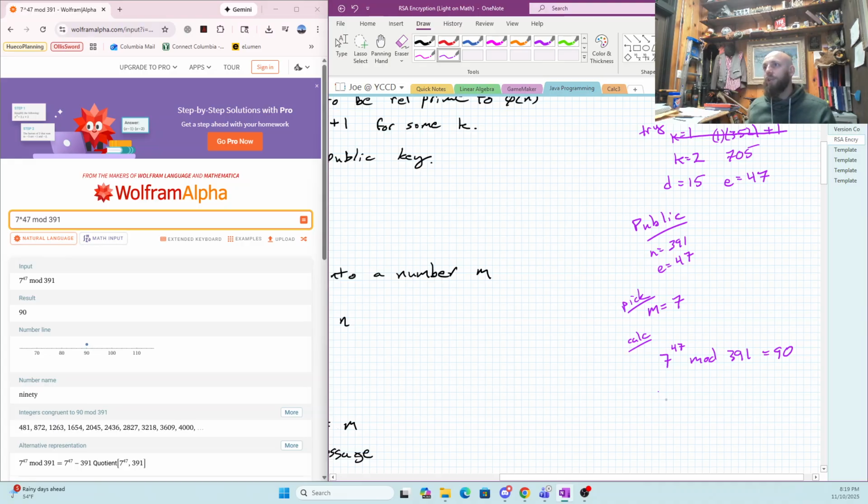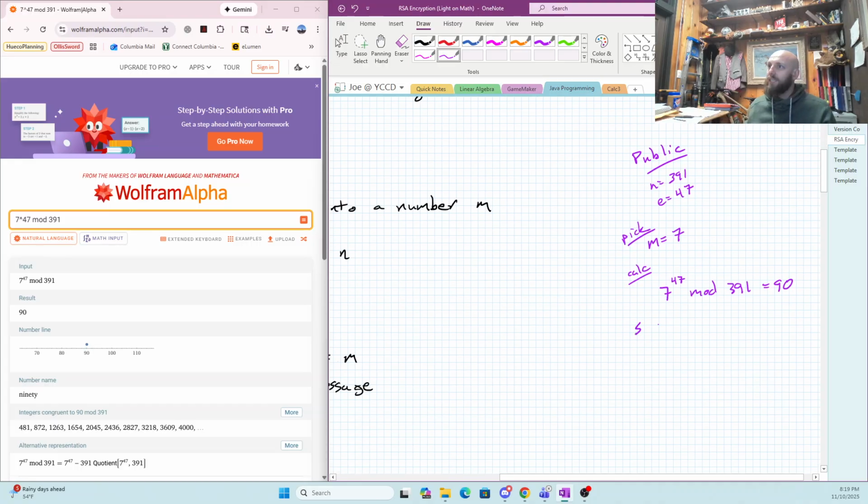And then if I want to decrypt my message, we're going to send 90. Sorry, that was C, the encrypted version. To decrypt, right, we're going to take our 90, raise it to the 15th power, that's our decryption key, and then mod that by 391.